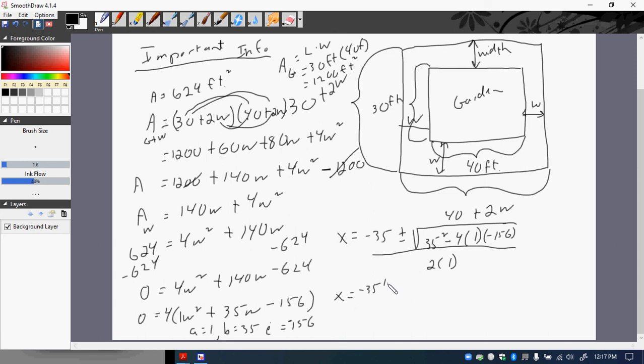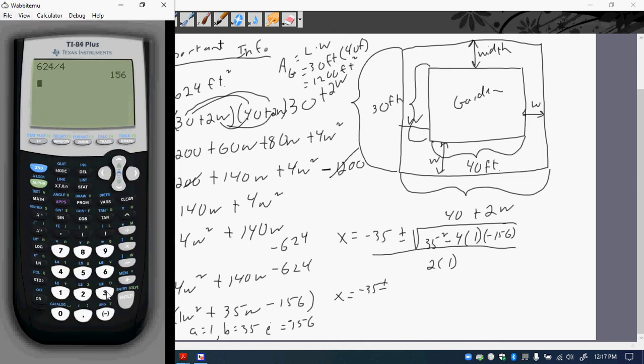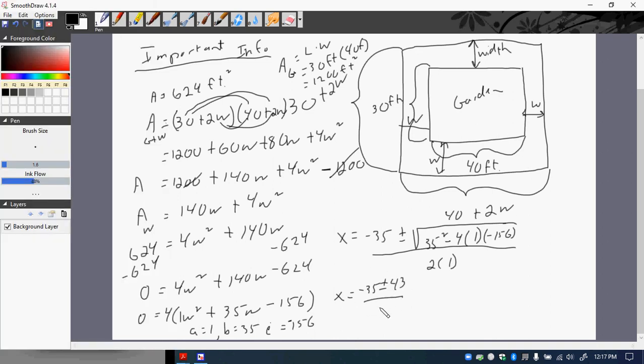W is negative 35 plus or minus, and we do 35 squared, and then add 4 times 156, and I get 1849. Now I'm going to take the square root of 1849, and I get 43. What a nice number. So 43 over 2.